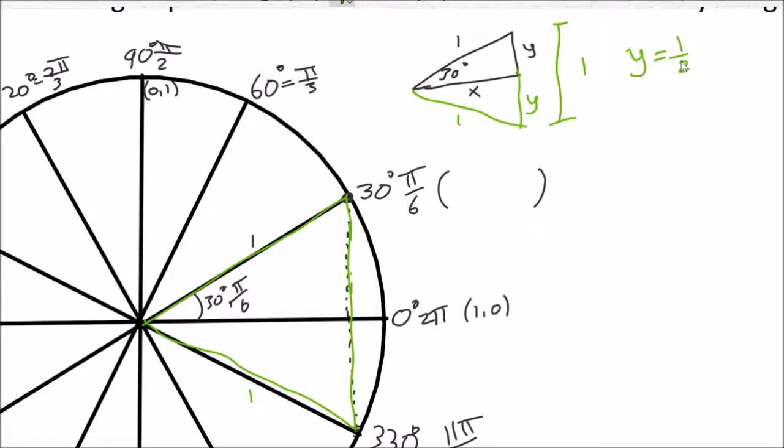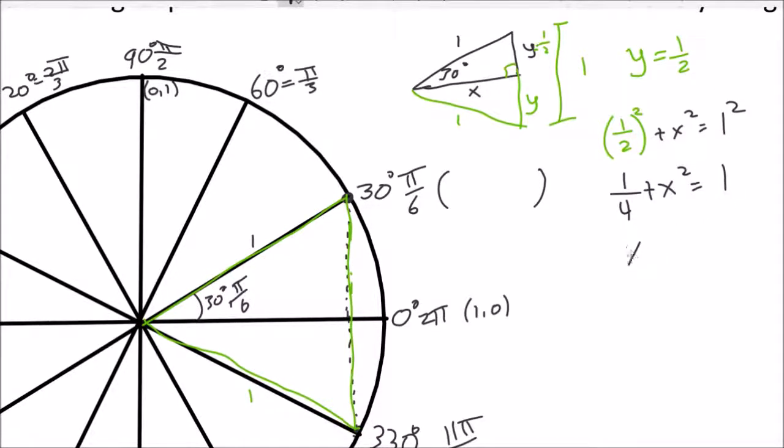And if y equals 1/2, which it does, then I have a right triangle where I know 2 sides and I want to know the third, so I can use the Pythagorean theorem. That's 1/2 squared, plus x squared equals 1 squared. Let's do the math. 1/2 squared is 1/4, plus x squared equals 1.